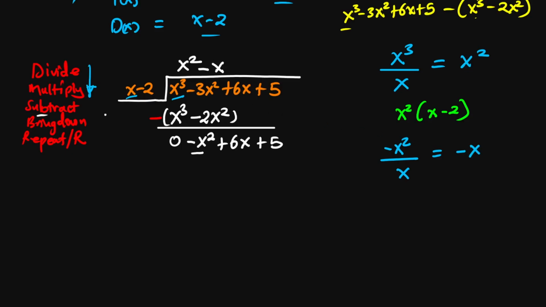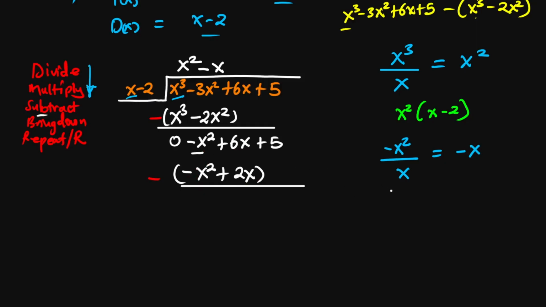We then proceed to multiplication. Negative x times x, we get negative x squared. Negative x times negative 2, we get a positive 2x. We then proceed to subtraction. This minus the whole of this. What do we get?